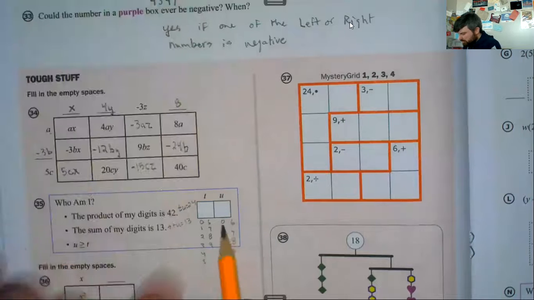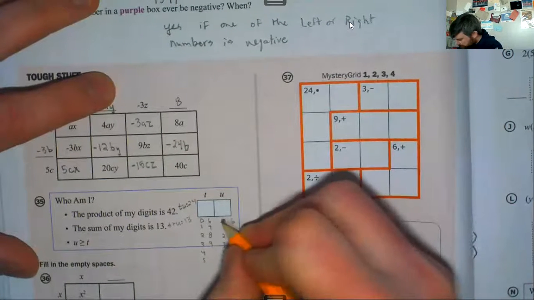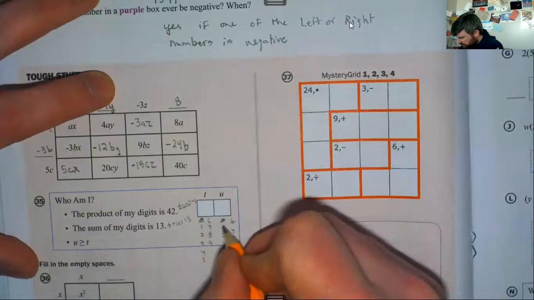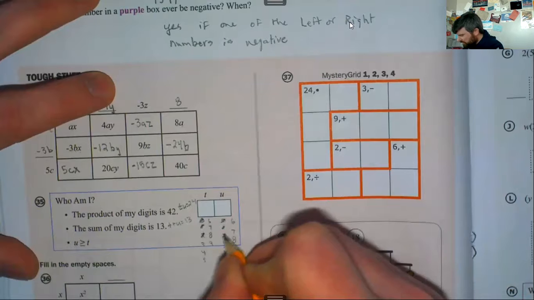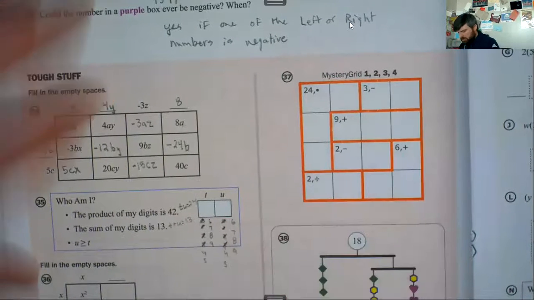If I had 0 in one of them, the other number would have to be 13, so I can't do that. If I had 1, it would need to be 12, so I can't do a 1. If it was 2, it'd have to be 11. I can't do that. If it was 3, it'd have to be a 10. I can't do that. Okay, U is bigger.